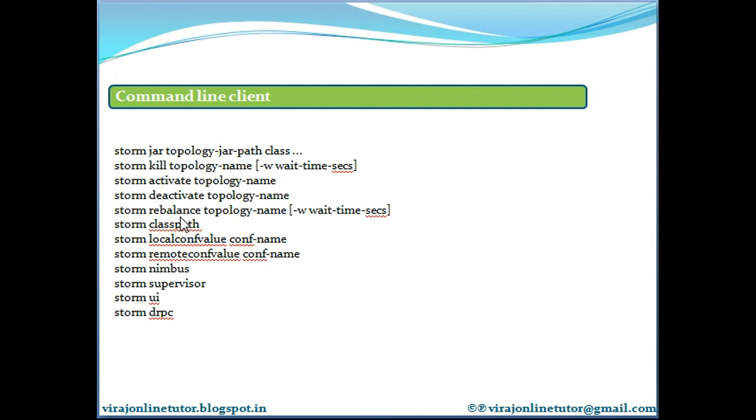The next command is the rebalance command. Sometimes you may wish to spread out where the workers for a topology are running. For example, let's say you have a 10 node cluster running 4 workers per node, and then you add another 10 nodes to your cluster.